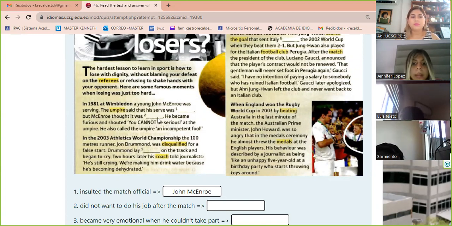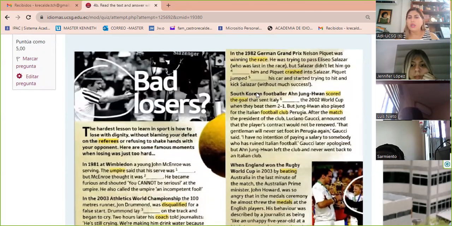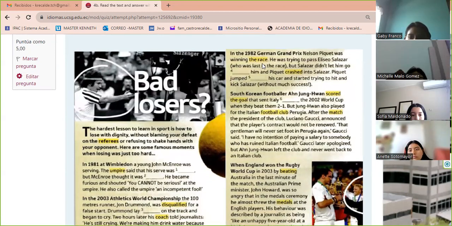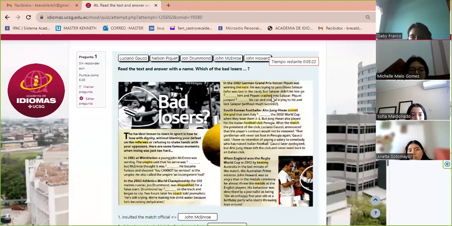Drummond lay down on the track and began to cry. 2 hours later, his coach told journalists, he's still crying. We're making him drink water because he's becoming dehydrated.